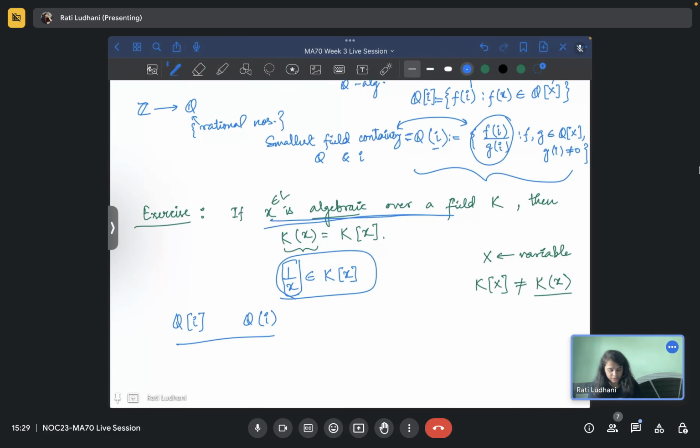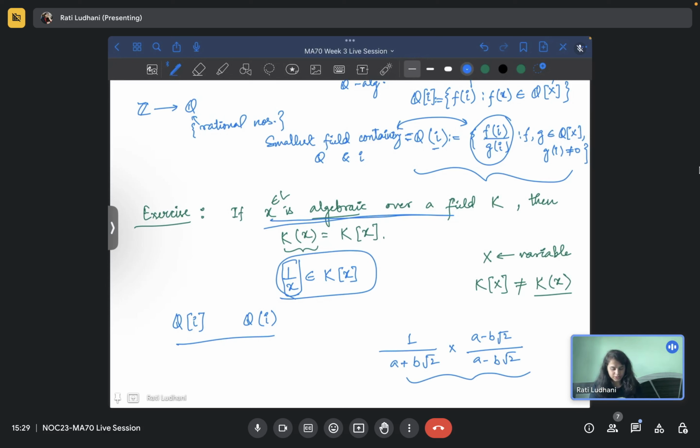If you have something like 1 over a plus b root 2, you can multiply by a minus b root 2 and get rid of root 2 in the denominator. But what can you do when x is some algebraic number?